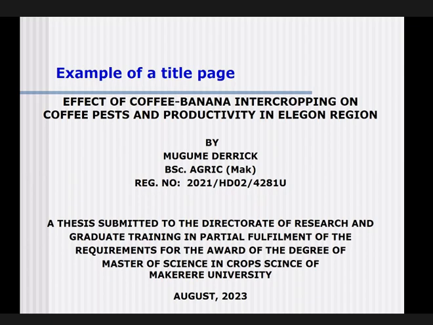So you add that in partial fulfillment of the requirements for the award of the degree of Master of Science in Crop Science of Makerere University.